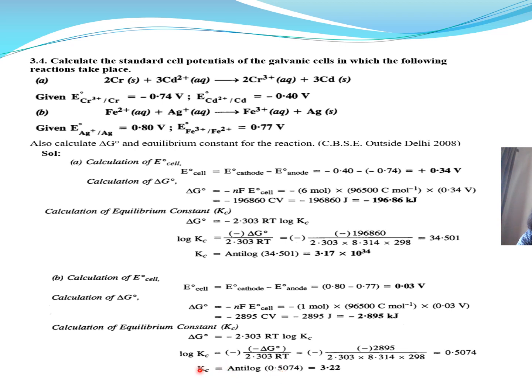So log Kc equals minus delta G upon 2.303 RT, which is 2895 upon 2.303 into R, 8.314, into T, temperature 298 kelvins. This comes out to be 0.5074. When you do the antilog of 0.5074, it comes out to be 3.22. So Kc is 3.22, right?